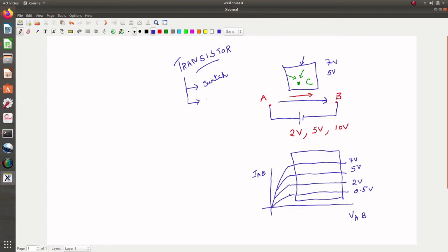Another application of transistor is that it is used in logic devices or processing devices, universal gates, etc. Transistor is also used as a memory device. It is also used in amplifiers.